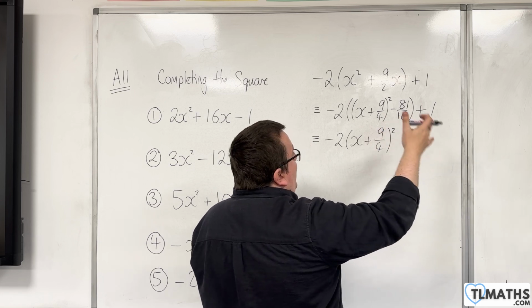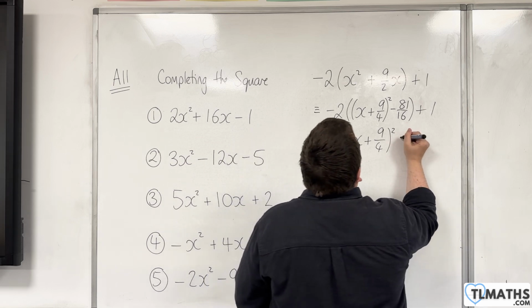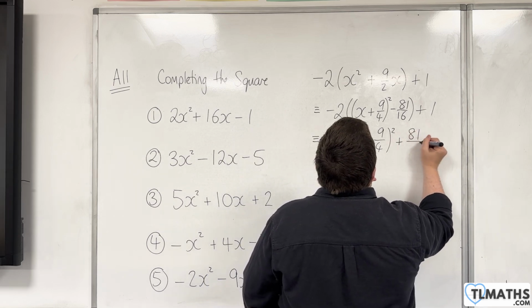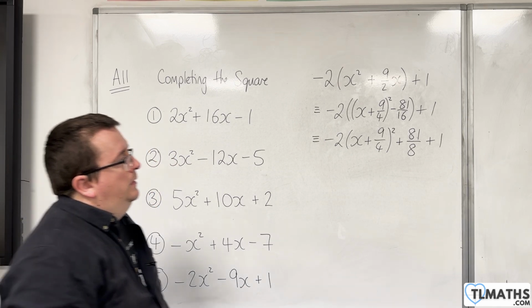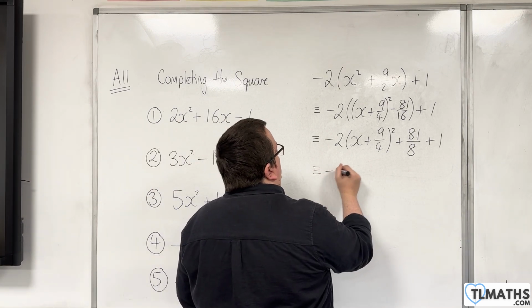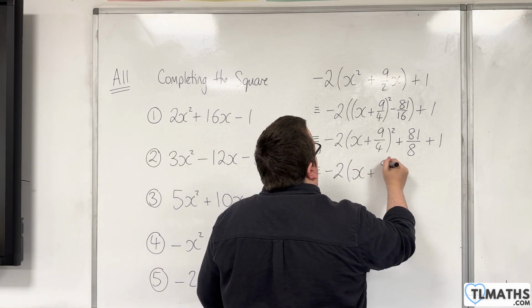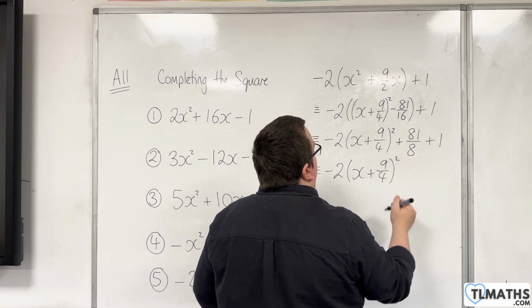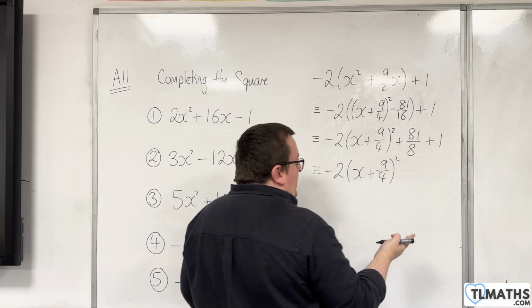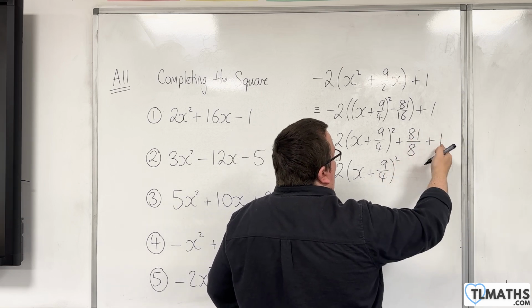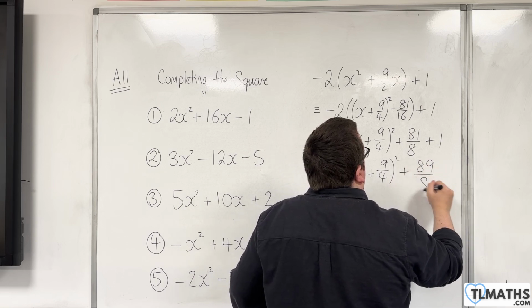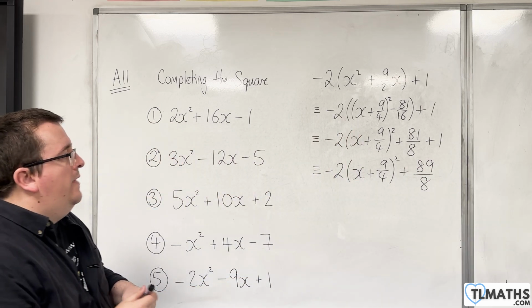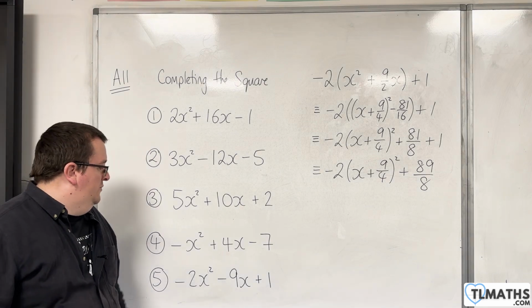So essentially we're going to have 81 over 8. So plus 81 eighths. And we've still got the plus 1. So minus 2, x plus 9 quarters squared. 1 is 8 eighths. So 81 eighths plus 8 eighths is 89 eighths. And so that is our answer to number 5.